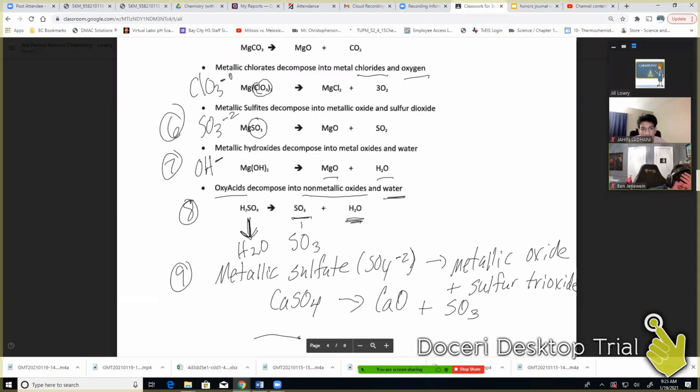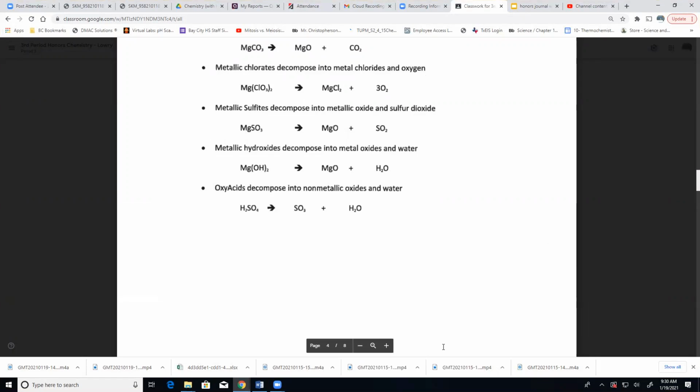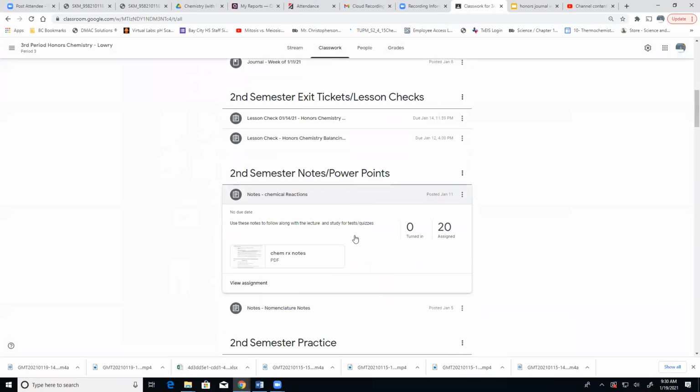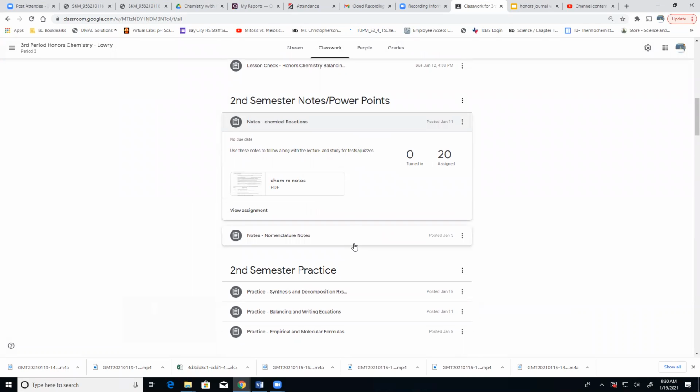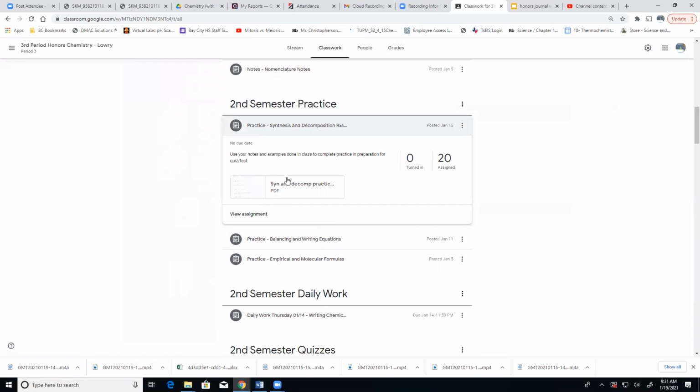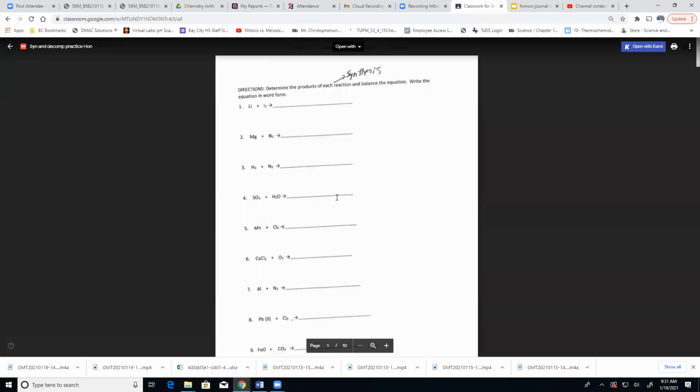So let's go look at some decompositions. So Ben and Yaheen, this is still that practice, same practice, because it had both synthesis and decomposition.